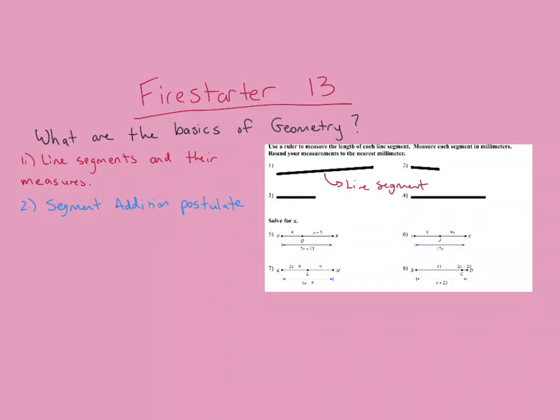If I make this green right here, this green piece and this red piece together make up the whole blue piece, right? That's the segment addition postulate: one piece plus another piece, if they're on the same segment, make up an entire piece. The lengths can be combined. So that's the second main idea we're going to talk about. All right, pretty simple stuff too. That makes sense, I think.